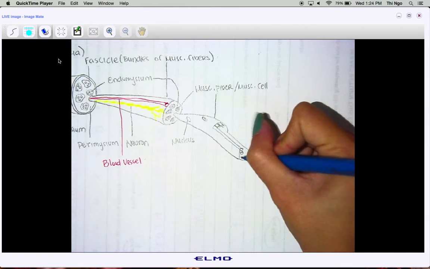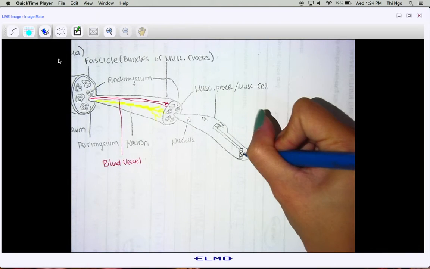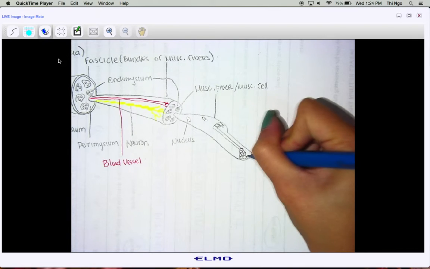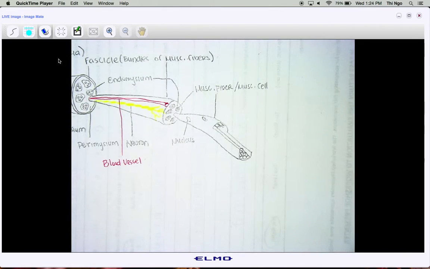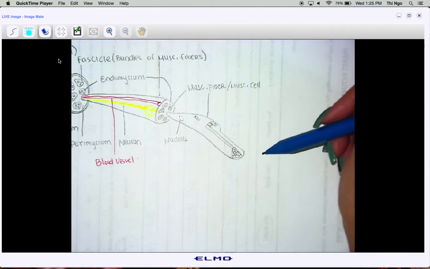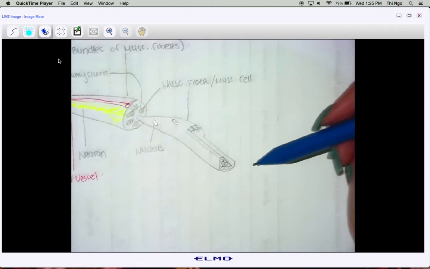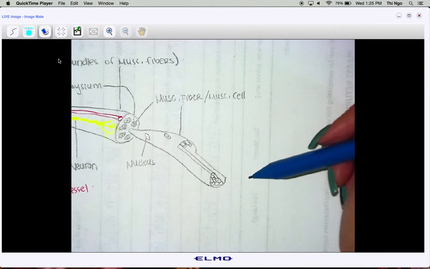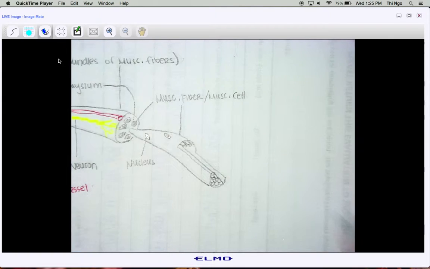Hey man, I didn't discover the muscle cell. Oh. So you have a whole bunch of tubes inside of that tube. How do you make it look like that?